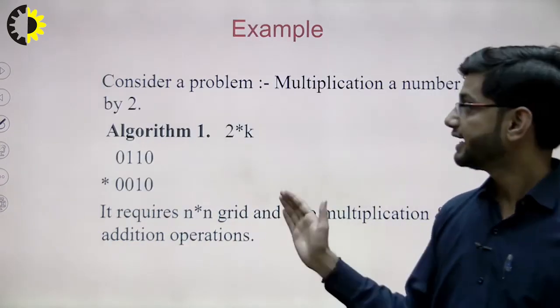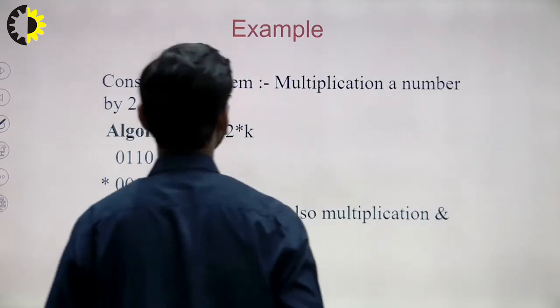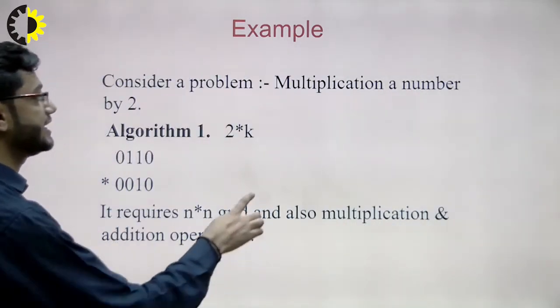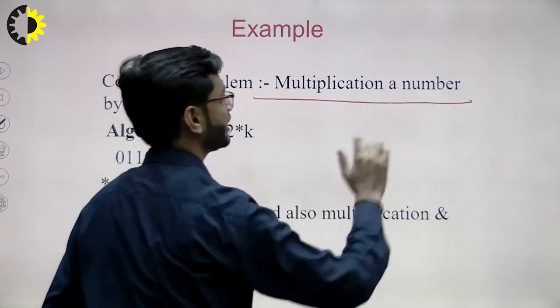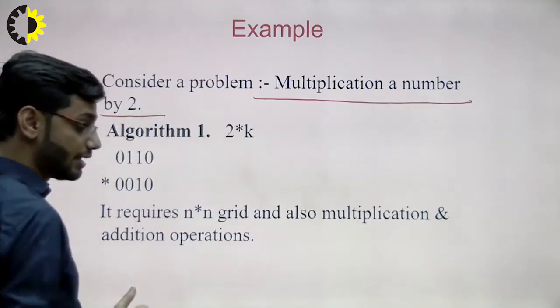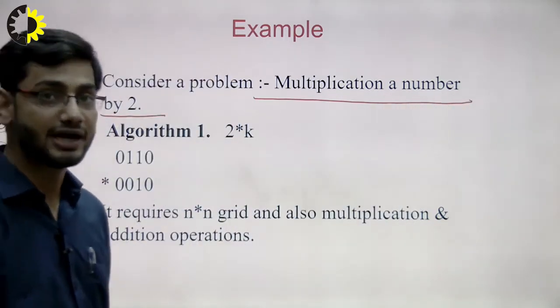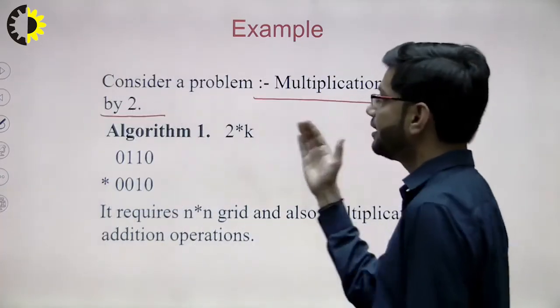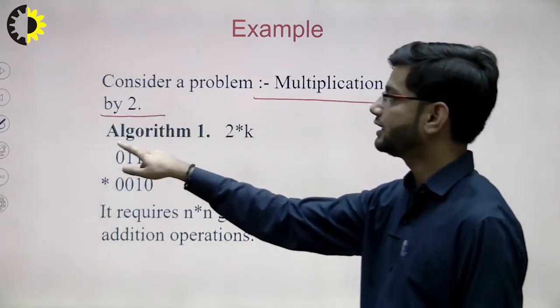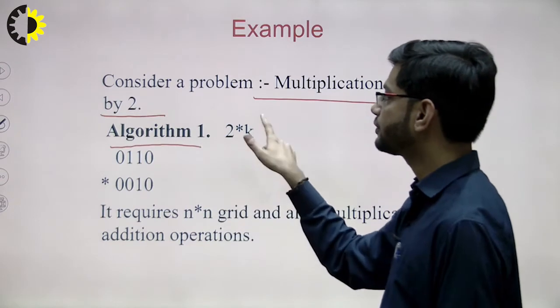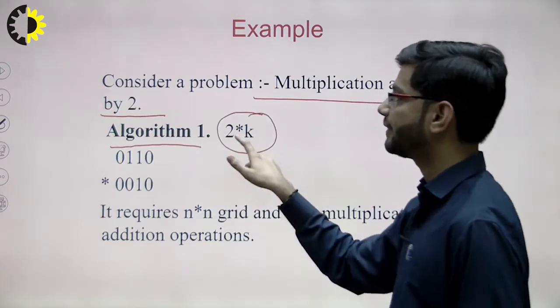So here we have a particular example. This example says we have a problem, multiplying a number by 2. The problem says that we have to multiply a particular number by 2. So algorithm 1 says that you can directly multiply the number by 2.